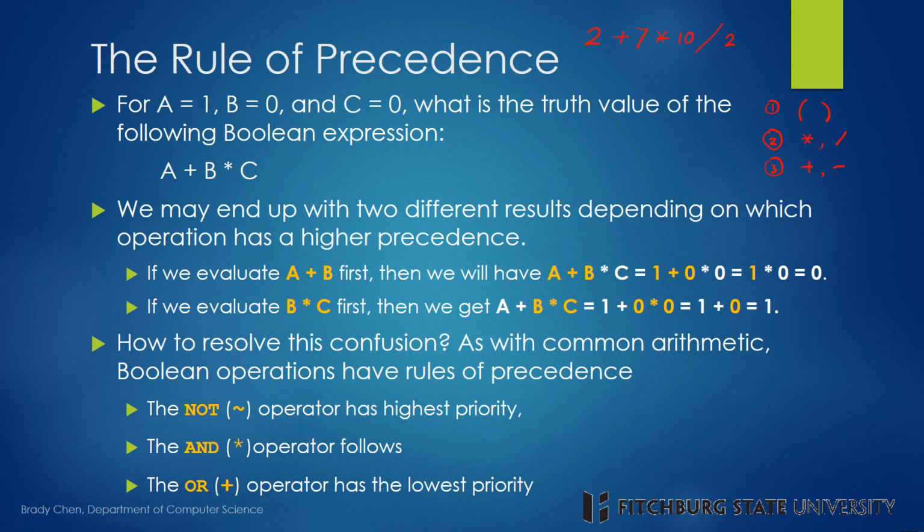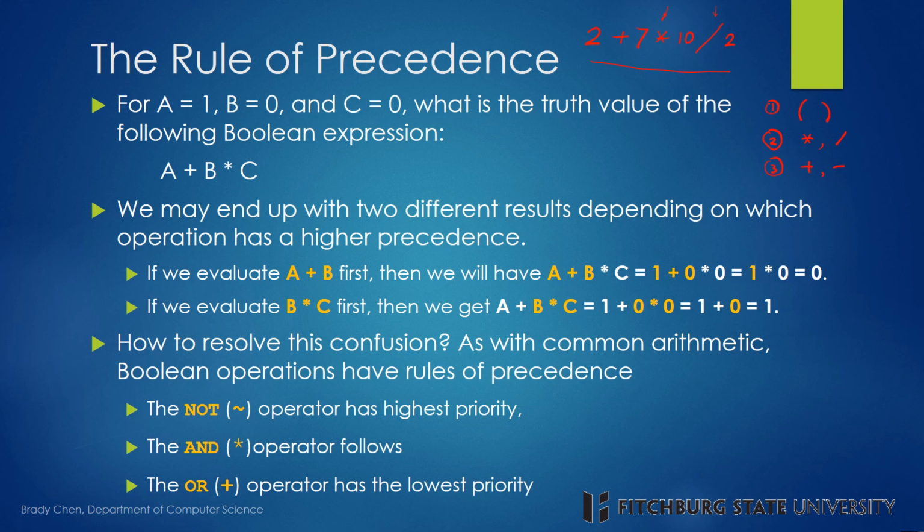So in this example, when we try to evaluate the value of this expression, we know there are no parentheses, so we just take a look at the next level. We have multiplication and division, and then we have a plus, which is addition. Multiplication and division have higher precedence.